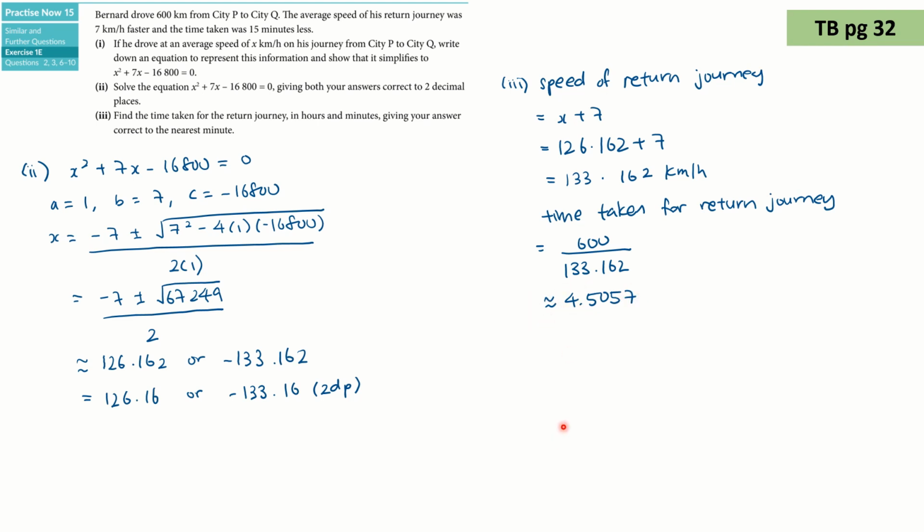To express it into hours and minutes, it will be 4 hours, that is the whole, and the decimal portion needs to be multiplied by 60 in order to convert into minutes. And we actually get about 4 hours 30.342 minutes, but we are expected to correct to the nearest minute, and that will be 4 hours and 30 minutes. So that is our answer to practice now 15.